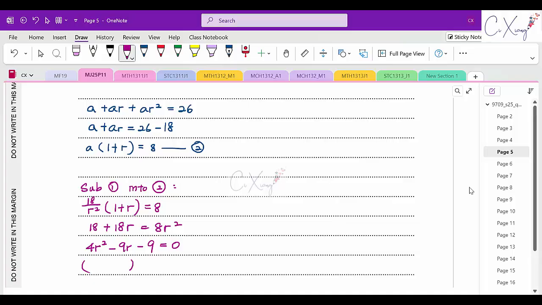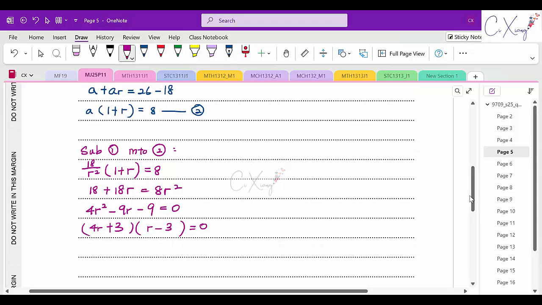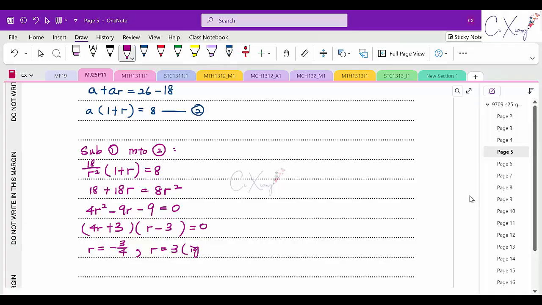For this quadratic equation, I can factorize it. I get (4R plus 3) and (R minus 3). Then continue to solve the equation: R equals negative 3 over 4 and also R equals 3. According to this question, they did mention that the common ratio should be a negative value.